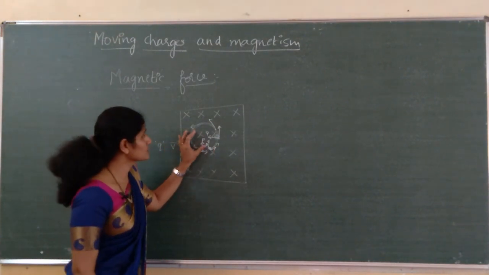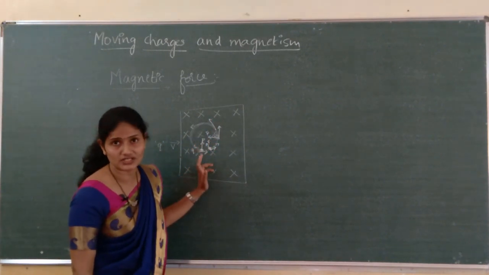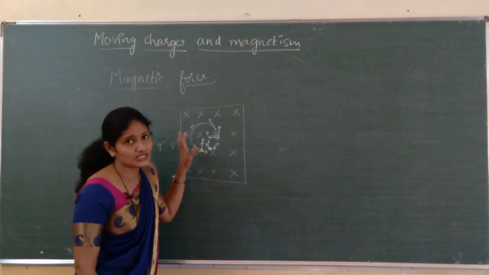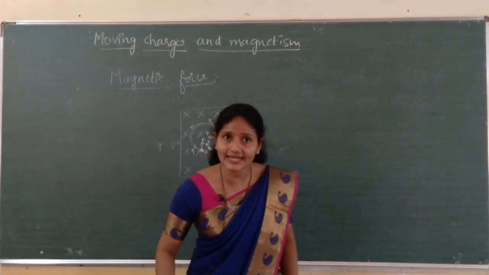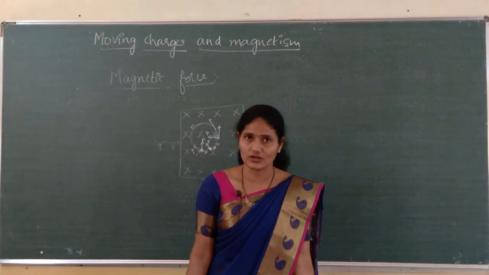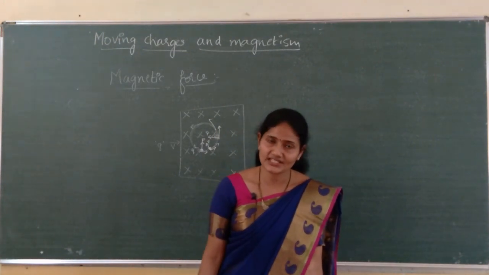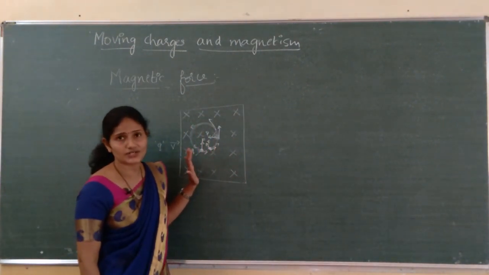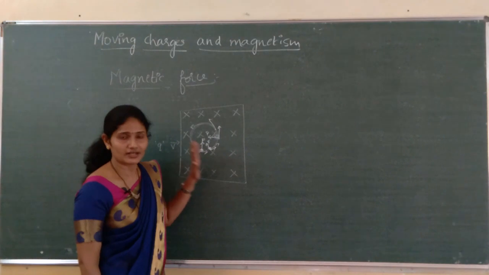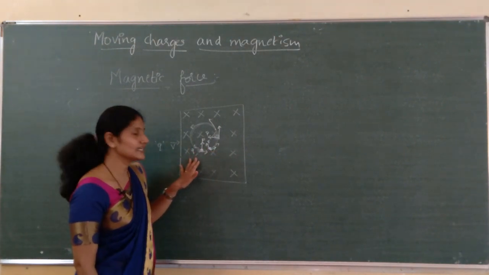Always remember, this magnetic force changes only the direction of velocity. Magnitude of velocity remains constant, whereas in case of electric field, electric force changes velocity. It can accelerate or decelerate the charge, but here only the direction changes and the magnitude remains the same under the influence of magnetic force.